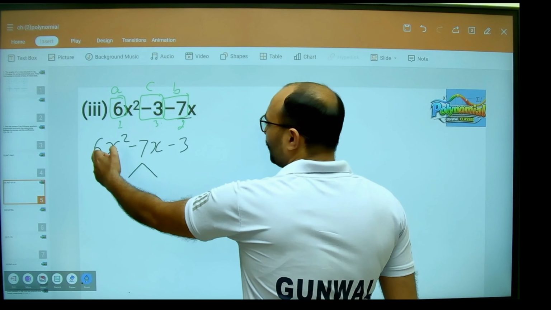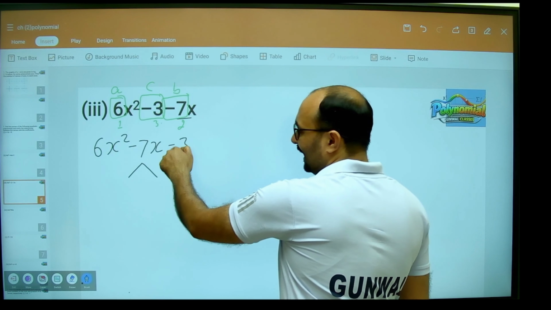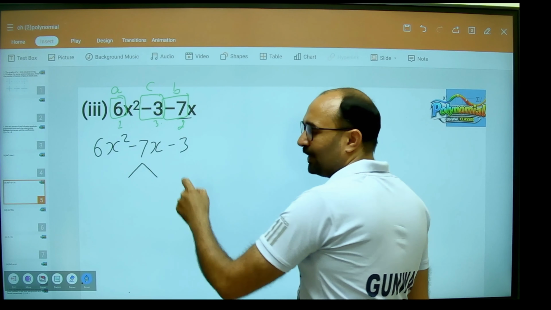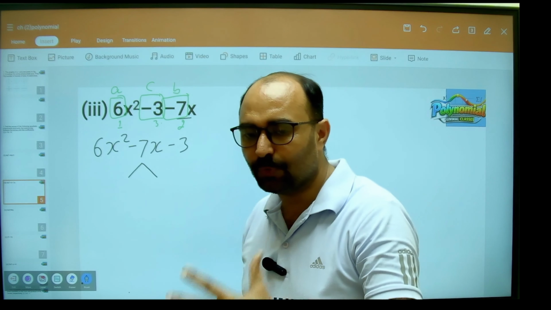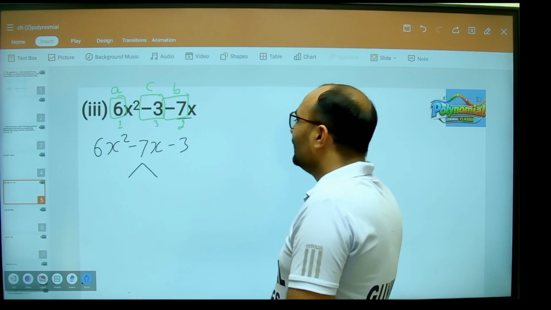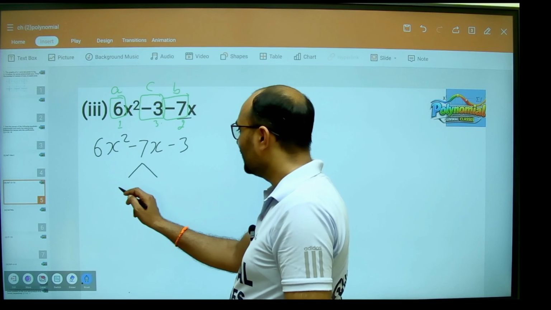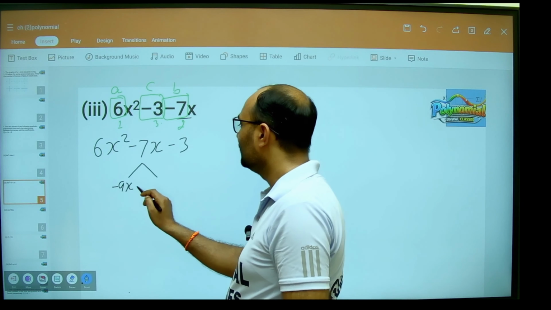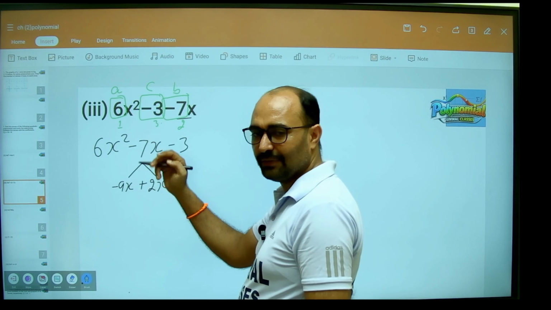If you find the product, it would be 18. I told you if c is negative, both signs should be different. One value will be greater than 7, the second value will be smaller than 7. 18, 9 and 2, 9 times 2 is 18. If I write 9x and plus 2x, when you simplify this, it will be minus 7x.